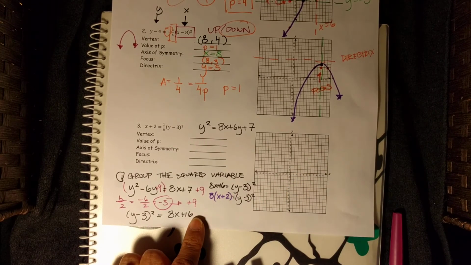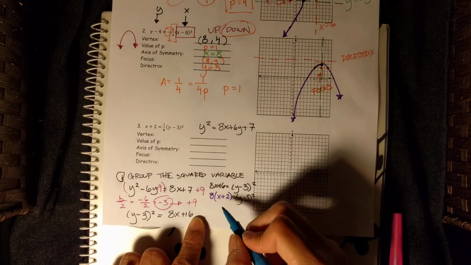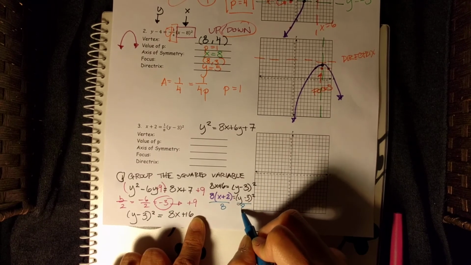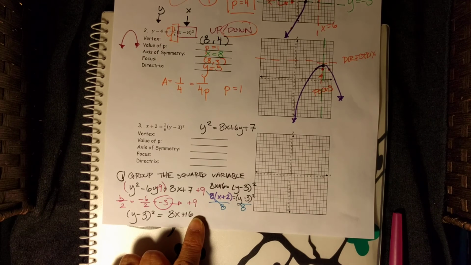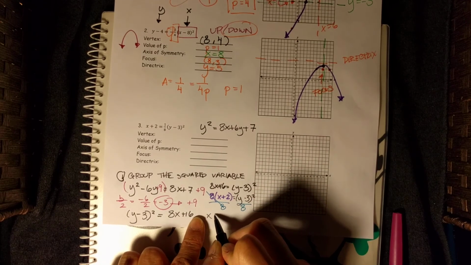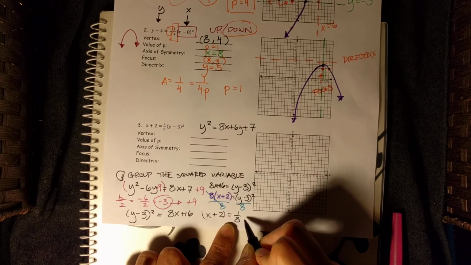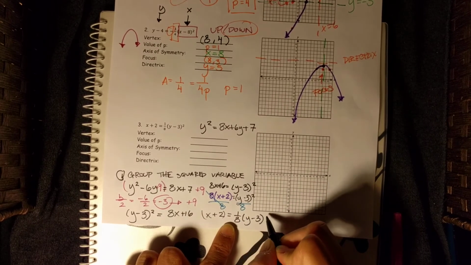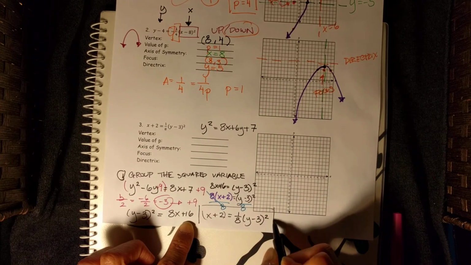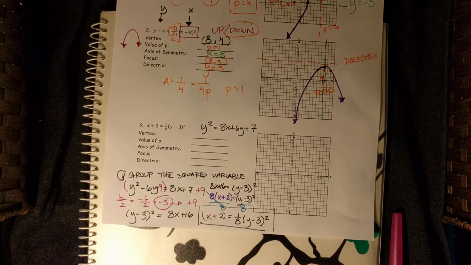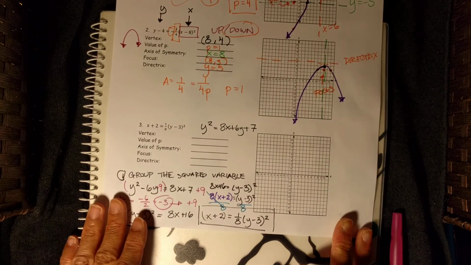And if you divide both sides by that number, you can rewrite it to look like your pretty little parabola equation. Notice how I wrote it as a fraction, just because I expect to set it equal to 1 over 4p.